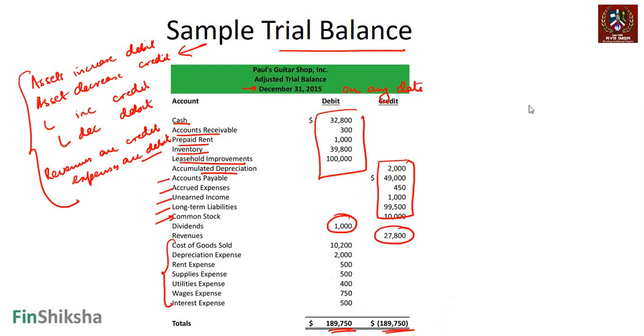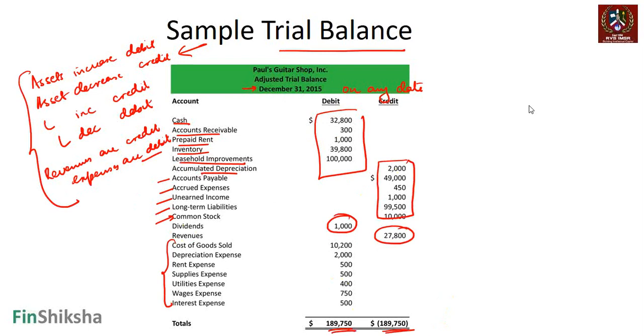Some of these things may not be very clear at this point of time. So as you keep doing a few more exercises, and we will do a few more exercises in forthcoming videos, it will make things much simpler and clearer for us to understand and put them in perspective. But that's basically it in terms of the entire accounting process.